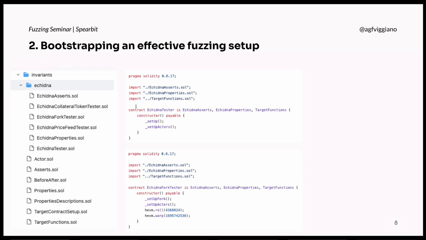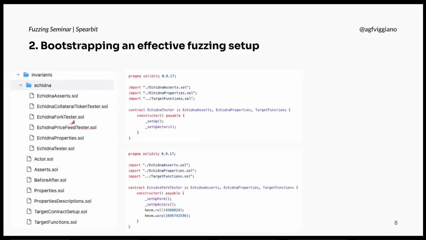So the fuzzer would, in the case of a local test, call this tester contract, and in the case of a fork test, it would call this contract. And all our target functions would be the same. They would be implemented in this target functions contract.